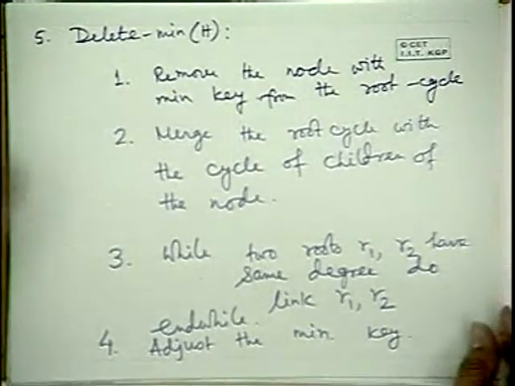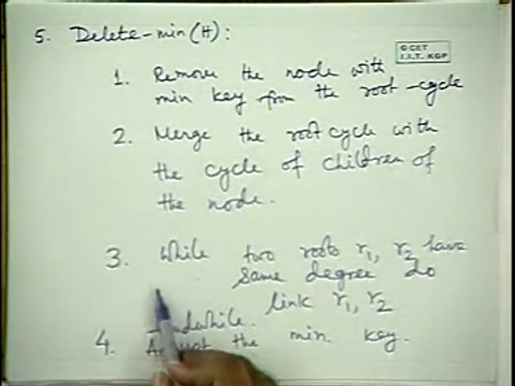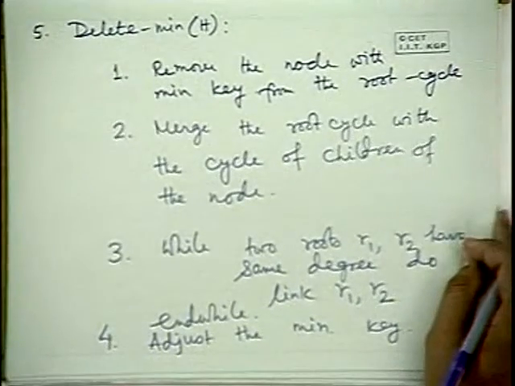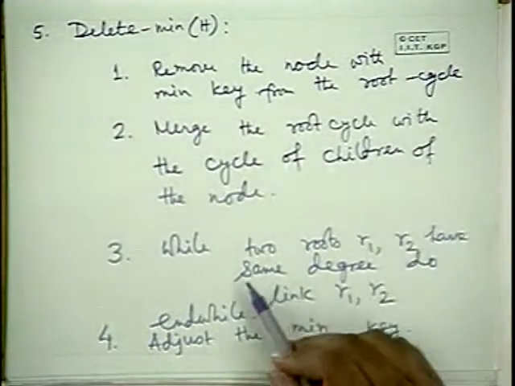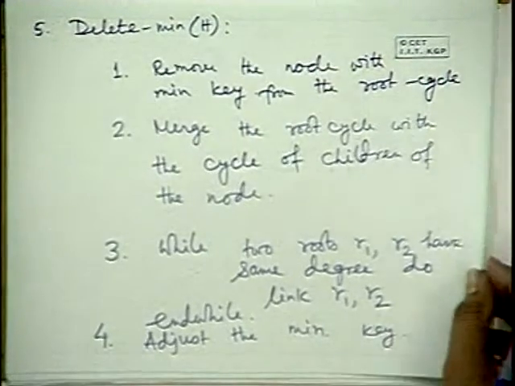So let me just take an example for the third operation basically. So how the third operation is done. Alright, the third operation is the most important one, which I am going over now with an example. So what we do to implement the third operation, we use an array.